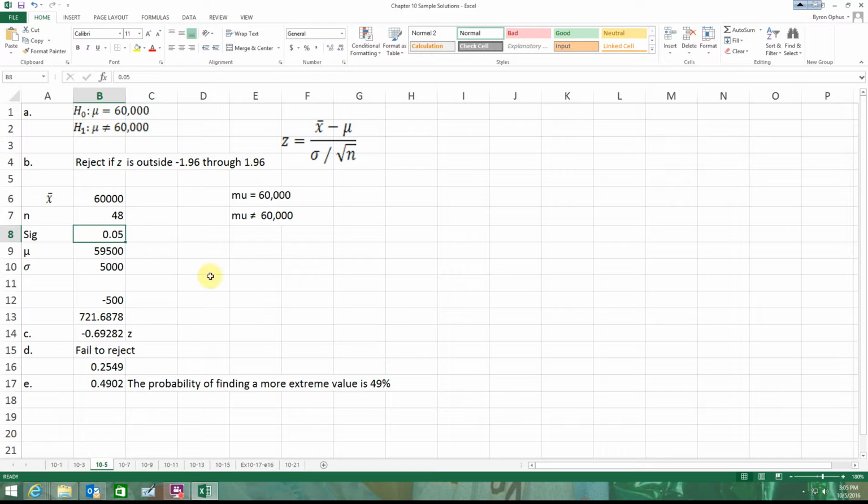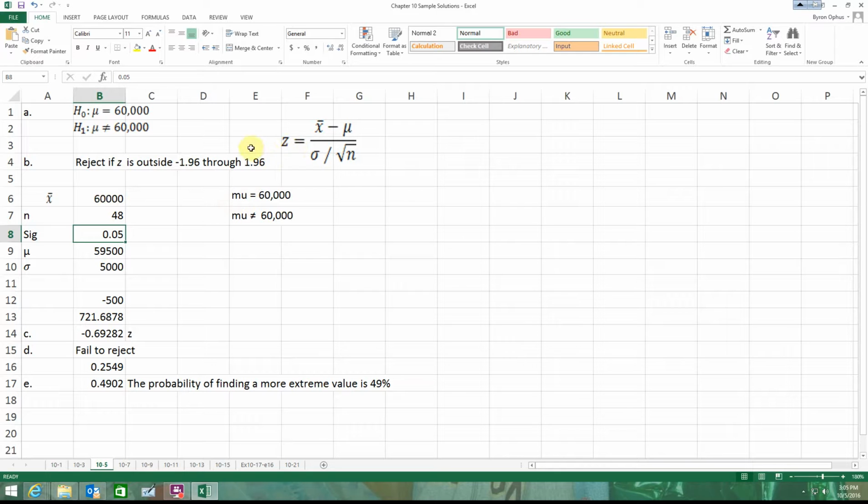First I have to state my hypothesis. We're wondering if this 59.5 is equal to this. I can't see any place where I want to find out if it's greater than or less than. I really want to know if this 59.5 is substantially equal at the 5% significance level.